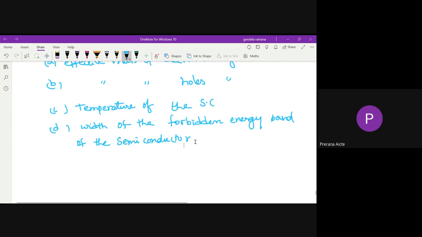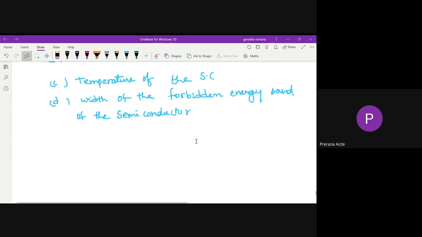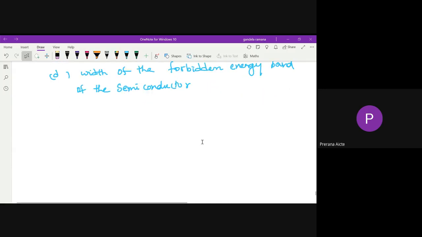So what is the answer? Temperature of the semiconductor. How can you say this is the answer? This is a two marks question. By mass action law, N into P is equal to Ni square, where Ni is the intrinsic concentration, P is the hole concentration, and N is the electron concentration.